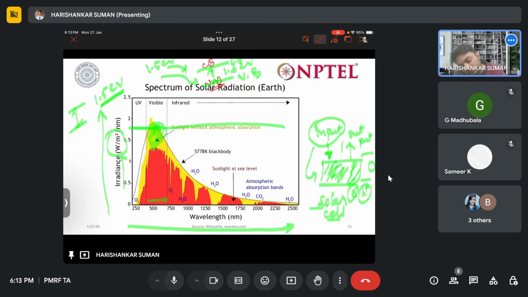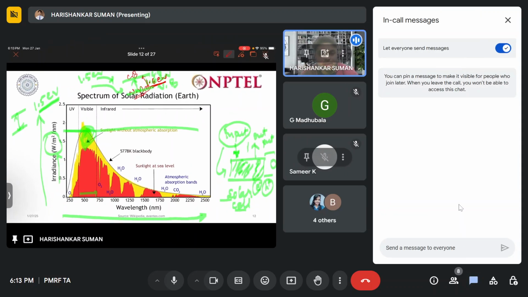So we want the electron to jump from one band to the other. So how much energy is required? Let's say the band gap is 1.6 electron volt. Please tell me. You can write in the chat box also.